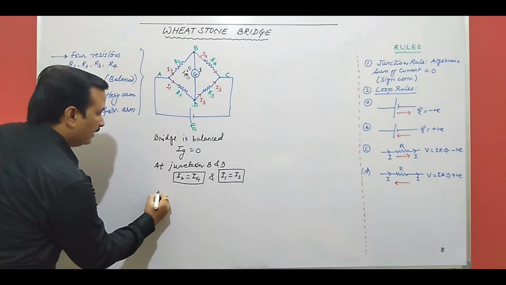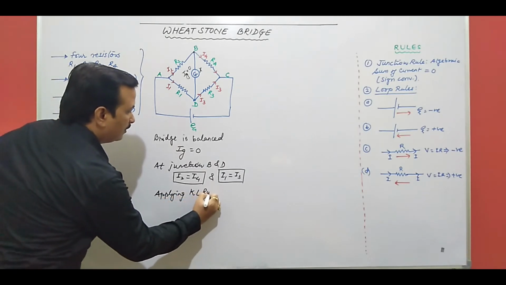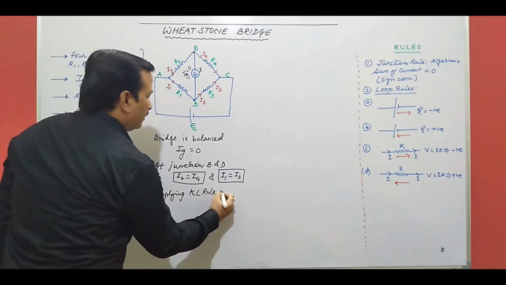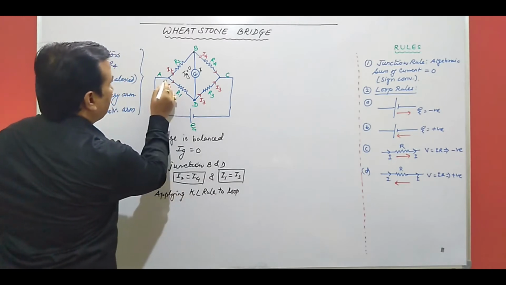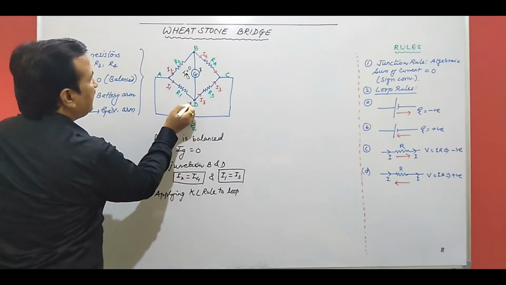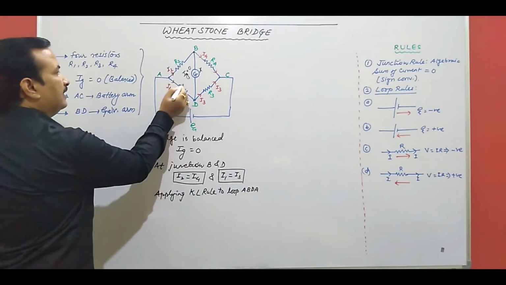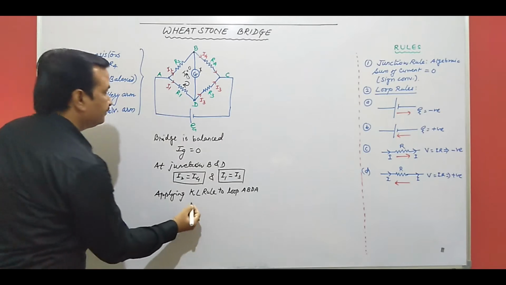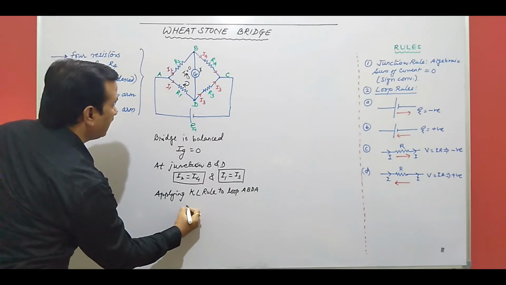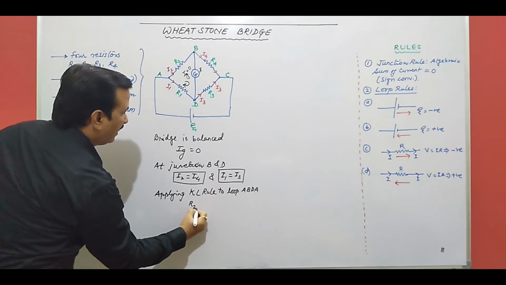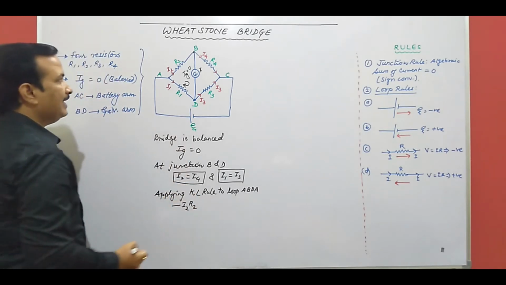Now applying Kirchhoff's loop rule to which loop? This one, A B D A. In this loop we are going like this. A to B we are going in the direction of current. You see here V is equal to IR, so I2 R2, we are going in that same direction, so minus sign.